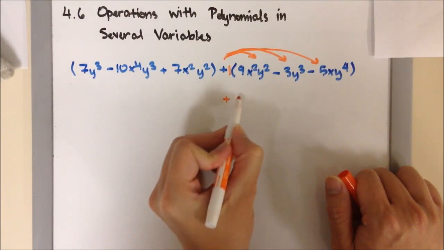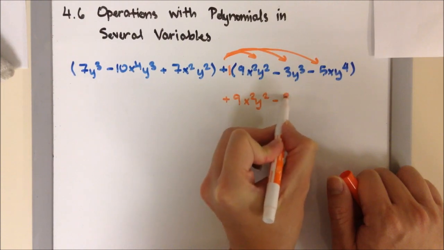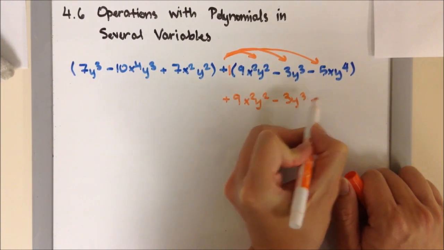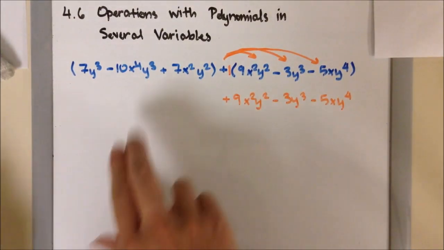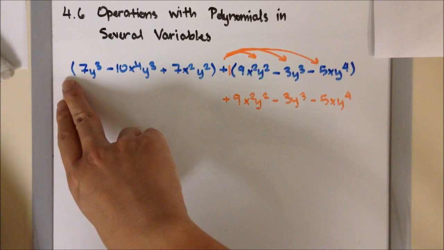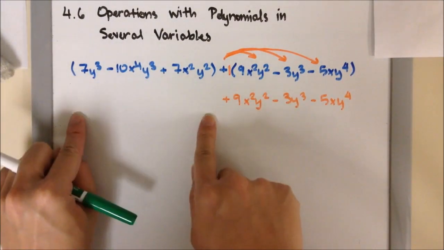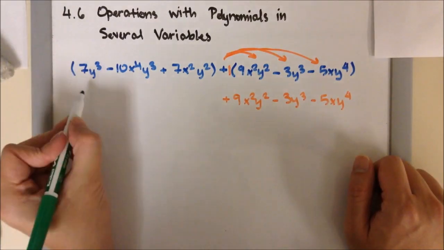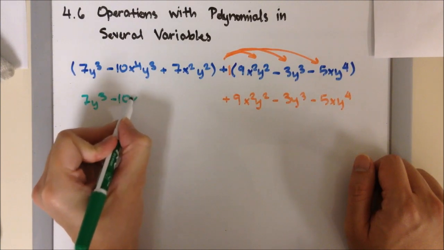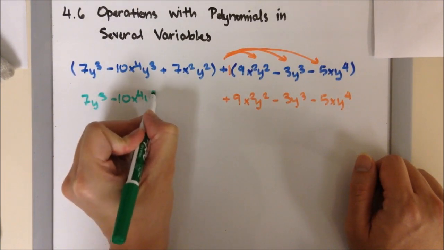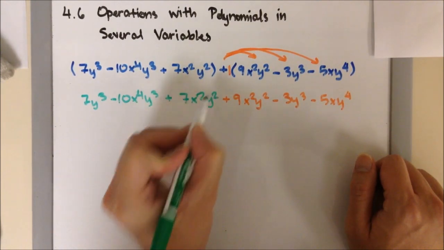So it's going to be plus 9x squared y squared minus 3y to the third minus 5x y to the fourth. And then the first set, there's nothing in front of the parentheses, so everything will stay the same. I'm just going to bring it down and let go of the parentheses. So 7y to the third minus 10x to the fourth y to the third plus 7x squared y squared.